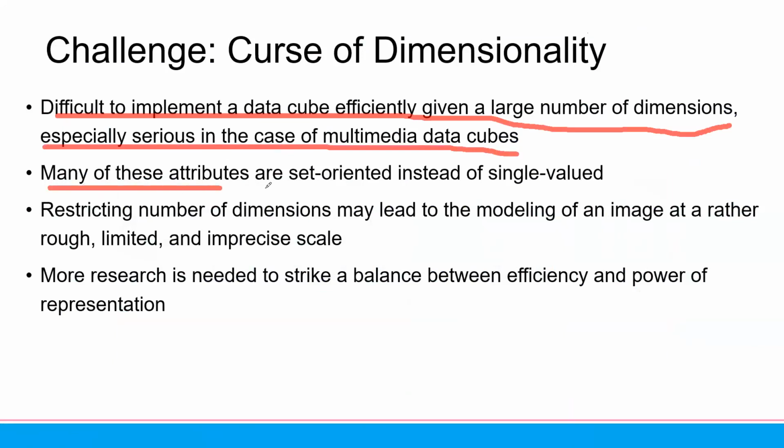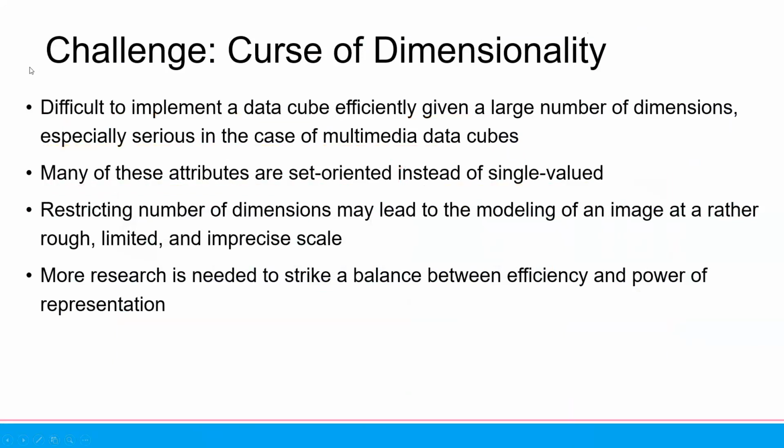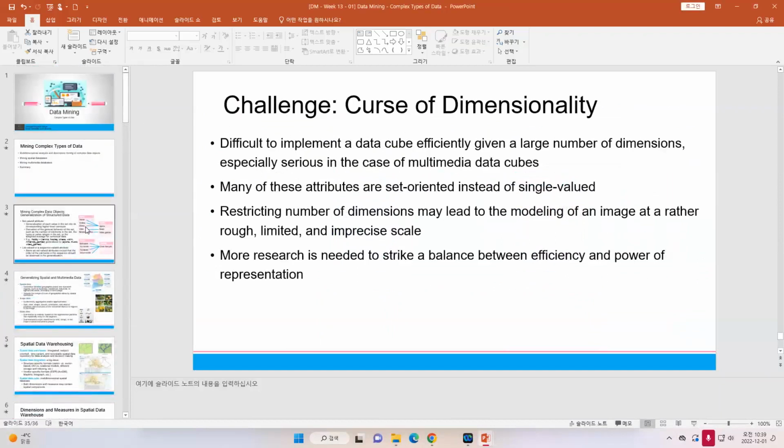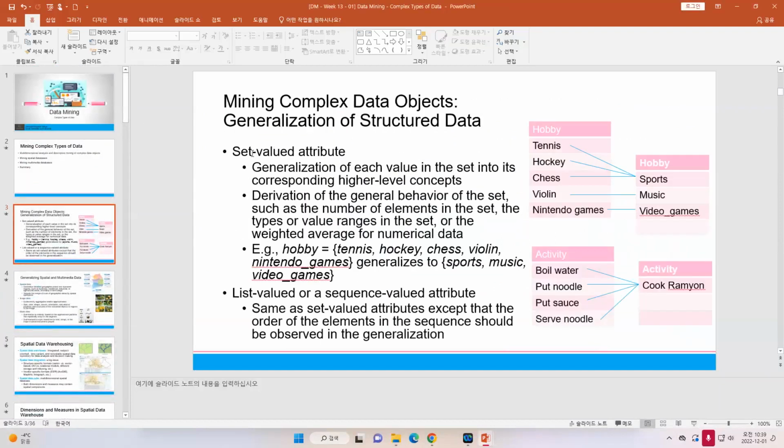And many of these attributes are set oriented instead of single valued. Do you still remember what that is? In the first part of our lecture, we had the set value attribute.